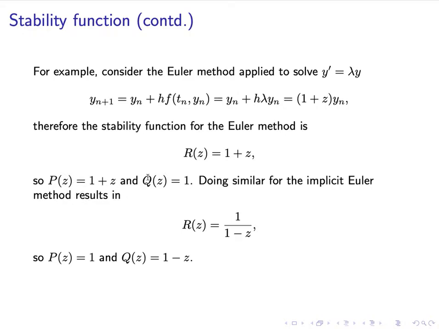So here we have P(z) is 1 plus z and Q(z) is just 1. If we do similar for the implicit Euler method, we have a different stability function. We have R(z) equals 1 over 1 minus z. So you can see here we have a stability function where Q(z) is 1 minus z and P(z) is 1.